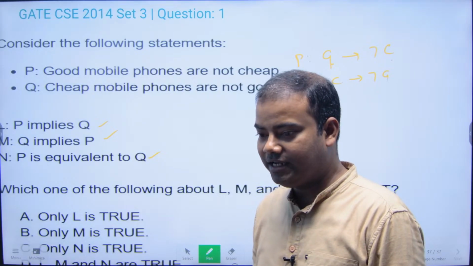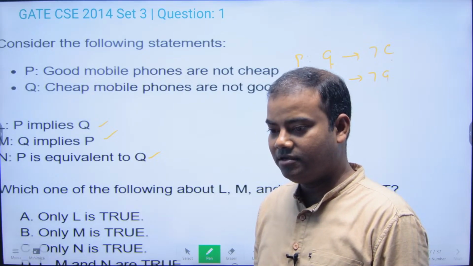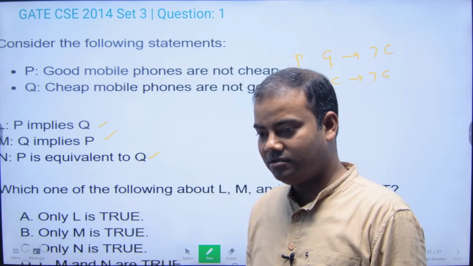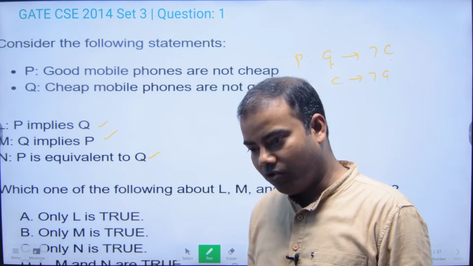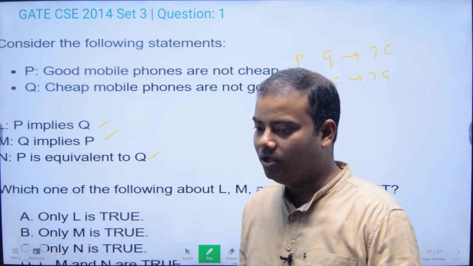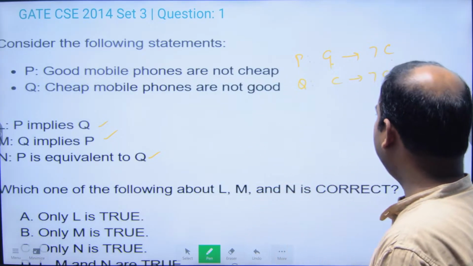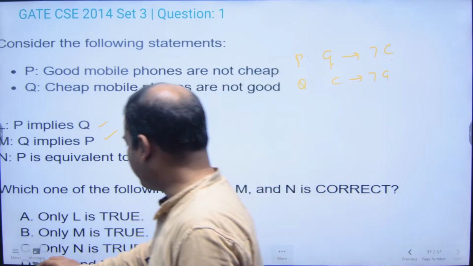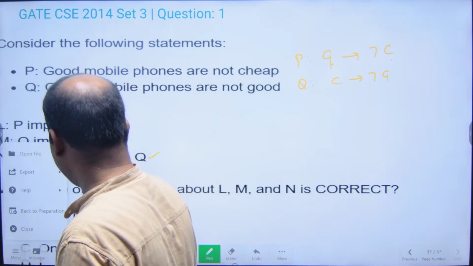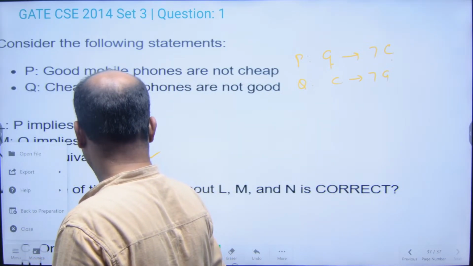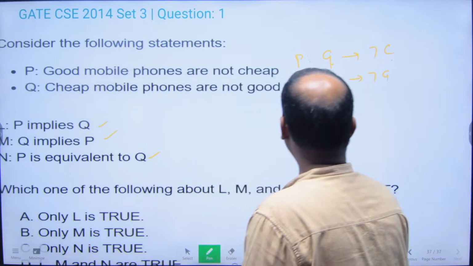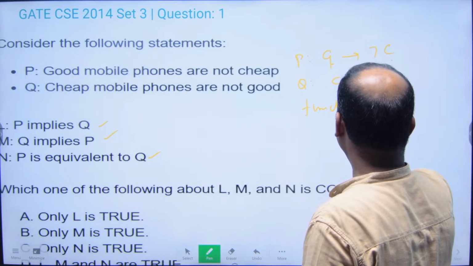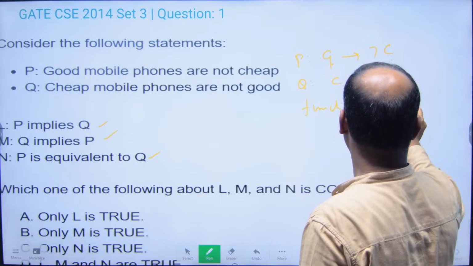What is a universal gate? NAND and NOR. Why? Because with the help of that gate we can create all the other gates. Similarly here also, we have a functionally complete set.